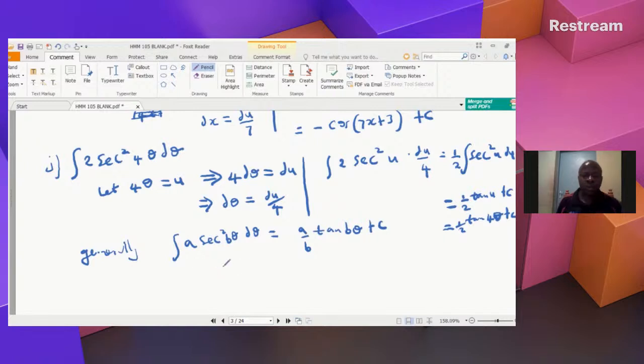And you can do several other examples, either using this format or just using this general format, and you will have the same answer.